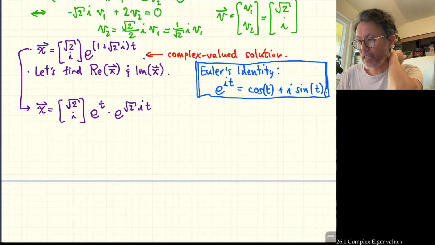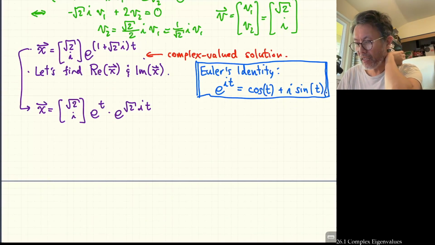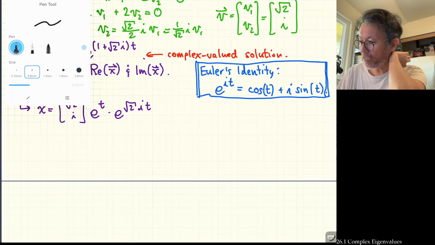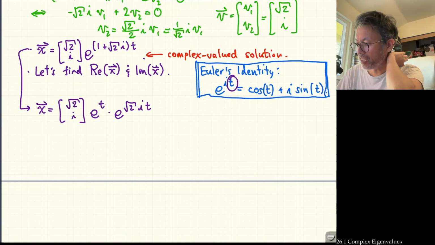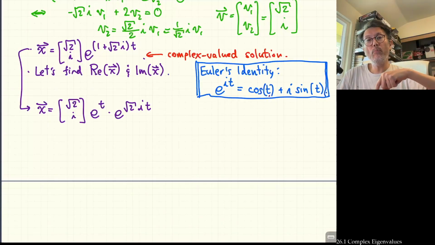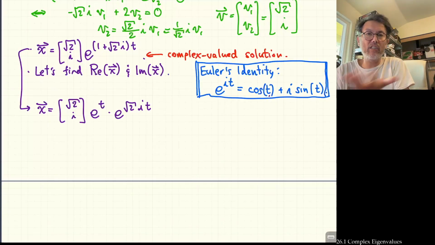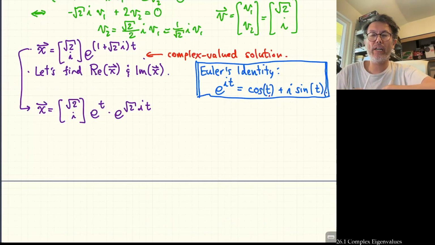And now the point is that I can use Euler's identity on this guy right here. The fact that it's an identity means that if I replace t here by square root of 2 times t, it would still hold, because this blue box holds for literally all t. That's what an identity is. It's an equation which is true no matter what the value of t is.